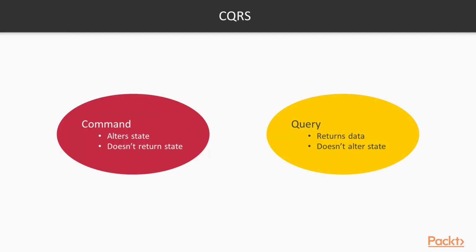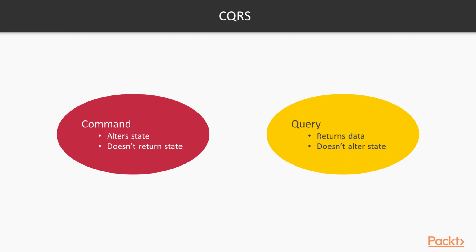In the classical definition of command and query, we can say that a command is something that alters a state, and it doesn't return any state. Having said that, there are actually valid implementations where a command can return something like a primary key, something that is created, or an outcome if the command is rejected.